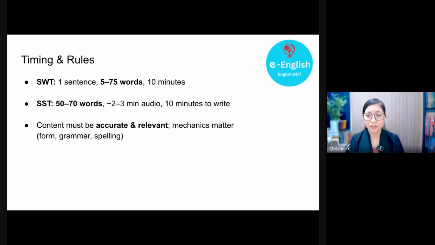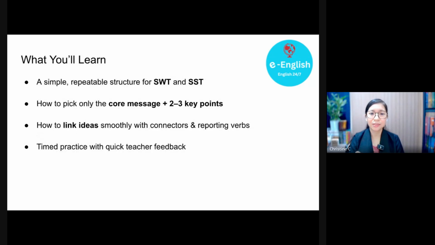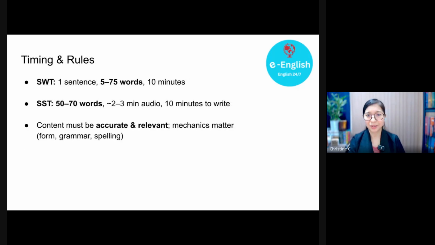So the goal here, like we said earlier, is we're going to try to practice picking core messages and key points, and then use a very easy structure that can help you quickly organize your ideas so you can deliver the task accurately.